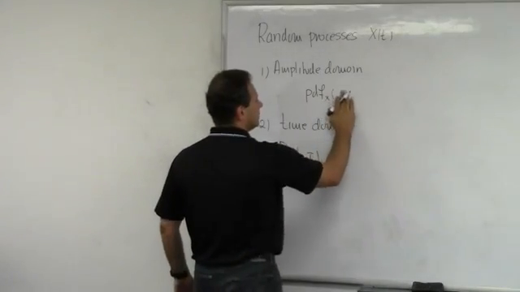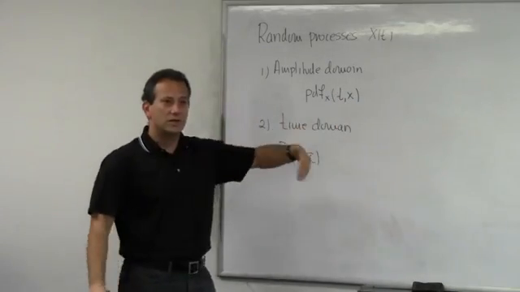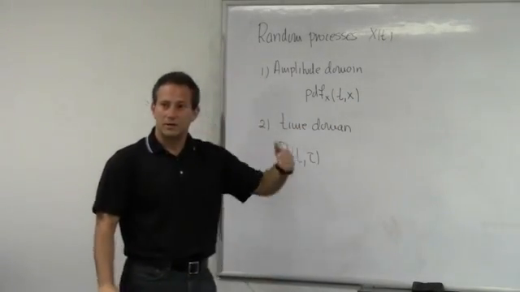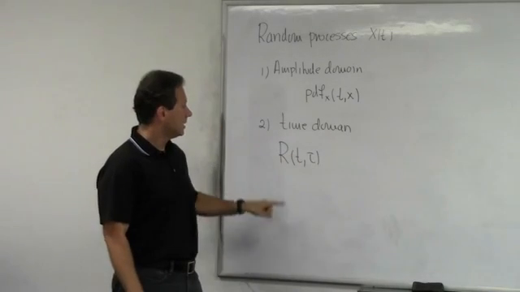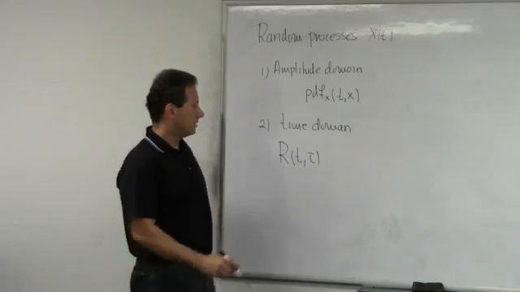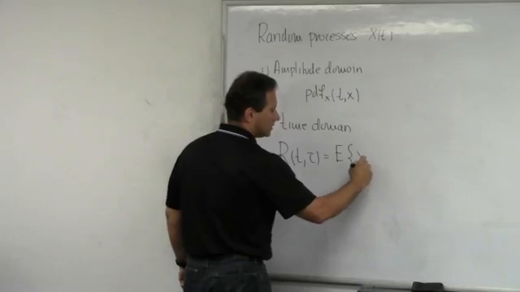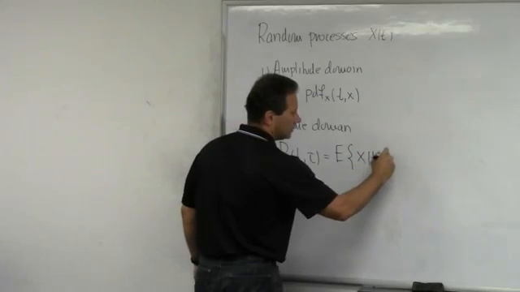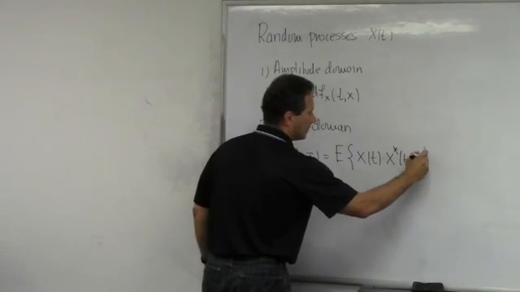Actually, we can give this one also as a function of t, right? Because the PDF may change over time, right? How does the signal behave in the amplitude domain may change over time. The second descriptor is the autocorrelation function at the time t as a function of tau, and this was defined as expected value of x of t, x complex conjugate of t plus tau.